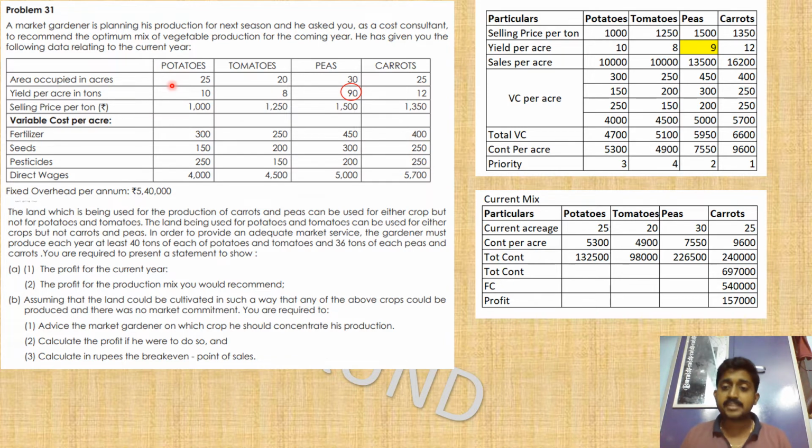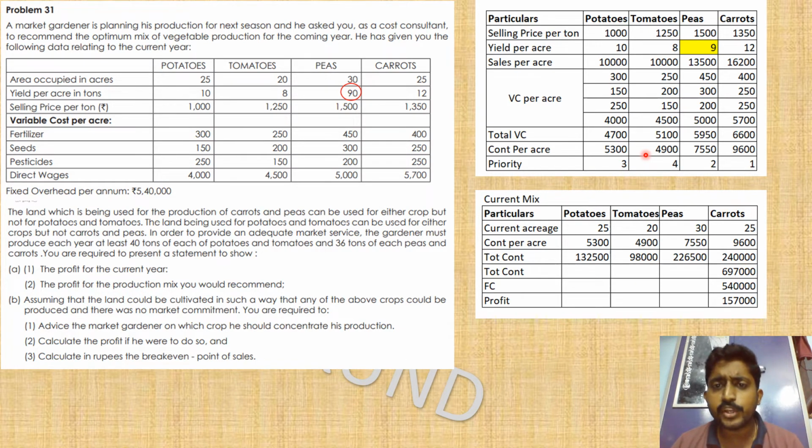What is the priority matrix? First priority will be given to the maximum profitable crop, and as the profit goes down, the priority goes down. That is called the profitability or priority matrix. Based on the priority matrix, we will propose some mix and change the land allocation. For that, what is the profit? That is the second question. First let us answer these two questions, and next we will read the further question.